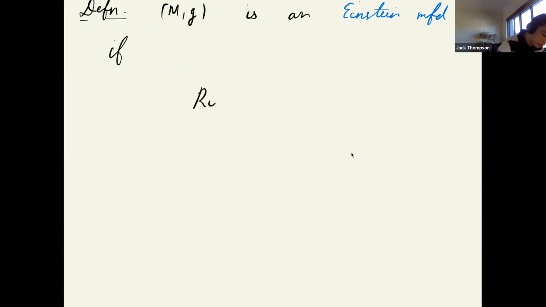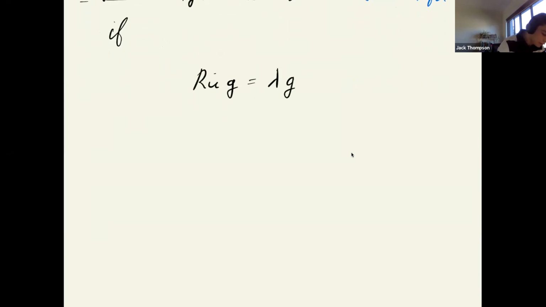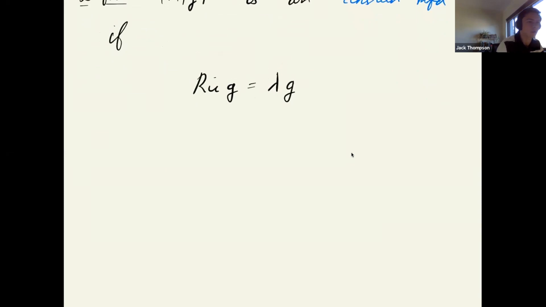So if we have Ricci G is equal to lambda G. Now, depending on who you talk to, lambda here might be a constant or a function. So I'm going to say it's a function for now.